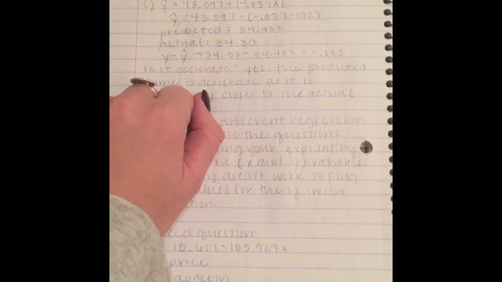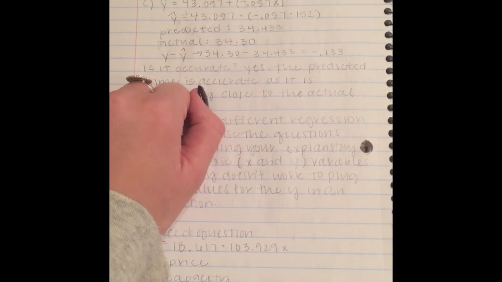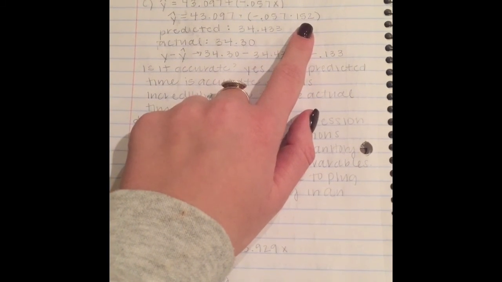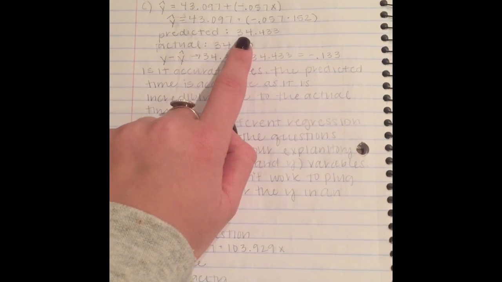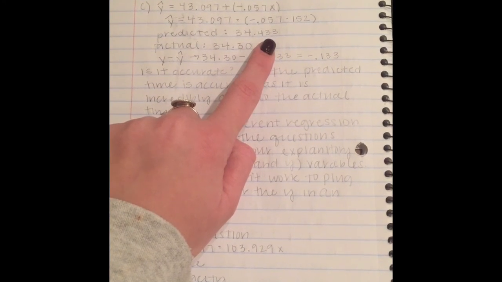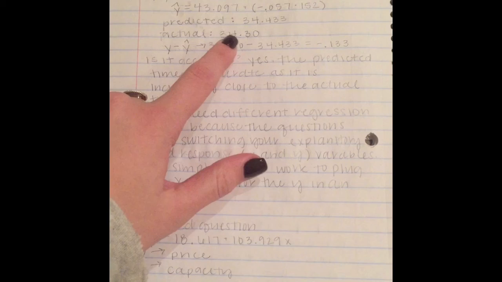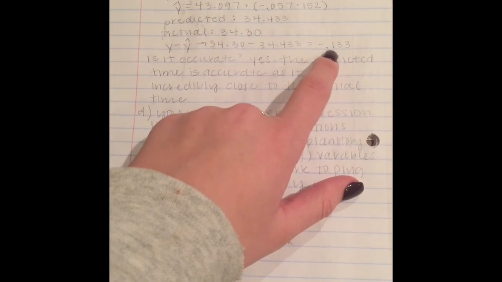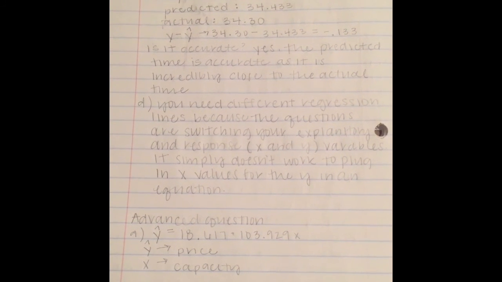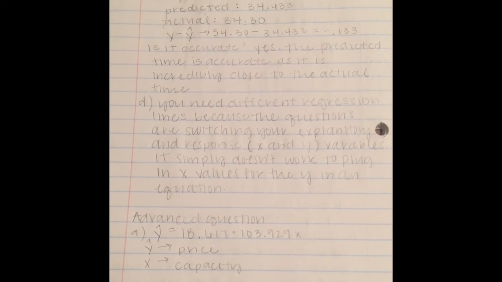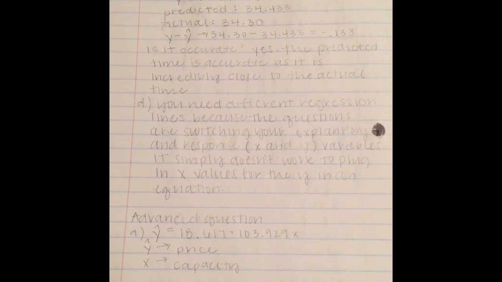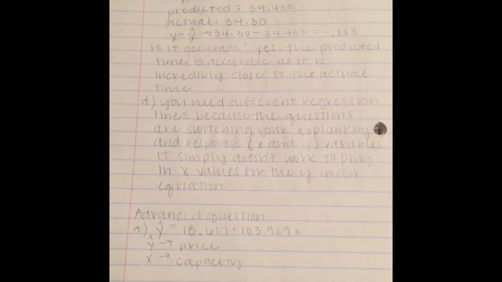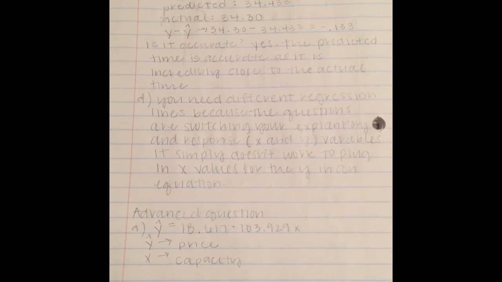So when I plugged in the pulse rate of 52, I ended up with a predicted time of 34.433, and the actual time that he swam it in was 34.30. So it gives you a negative 0.133 residual, and I said it was a very accurate prediction because it is so close to his actual time.